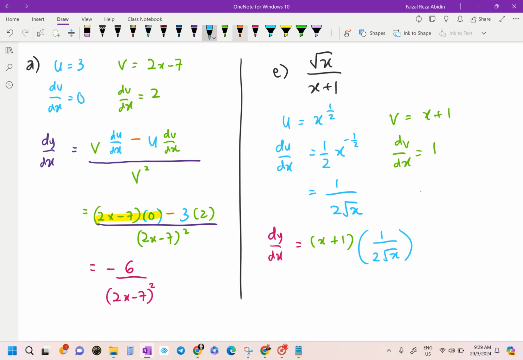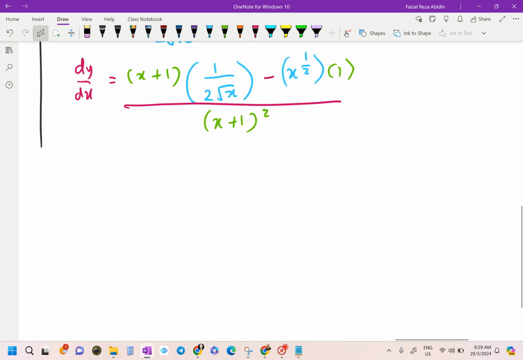And then minus our u, just copy back, x to the power of 1 over 2, and our dv over dx is going to be 1, over our v squared. So I'm going to get x plus 1 squared. So what should I do?